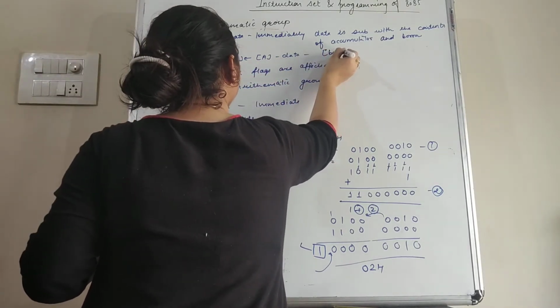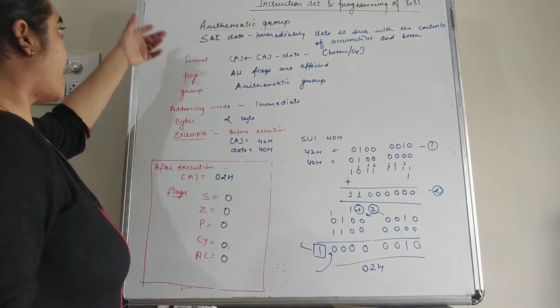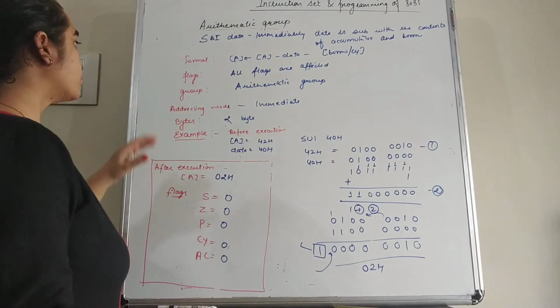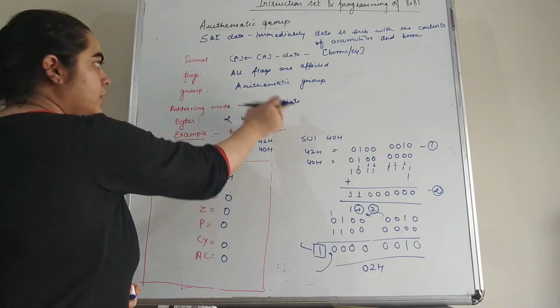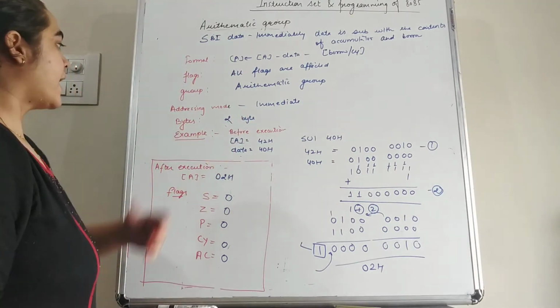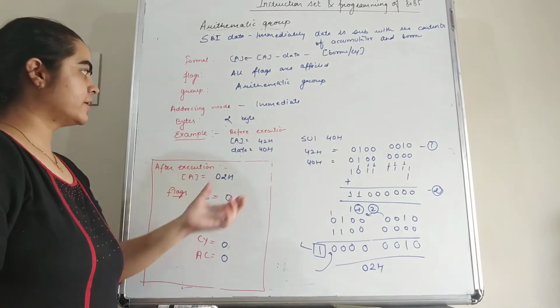Borrow we can write as CY also, meaning carry. Again, by this instruction all the flags are affected. The group is the arithmetic group. The addressing mode is again immediate because the data is given. Bytes are 2 bytes. Example: before execution, suppose in the accumulator we are taking the same example.